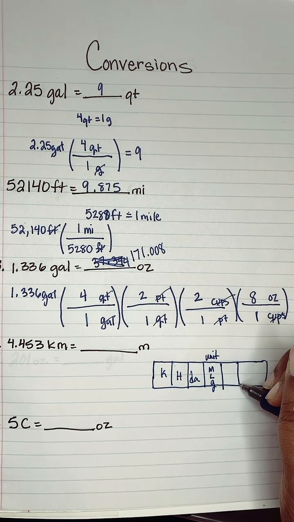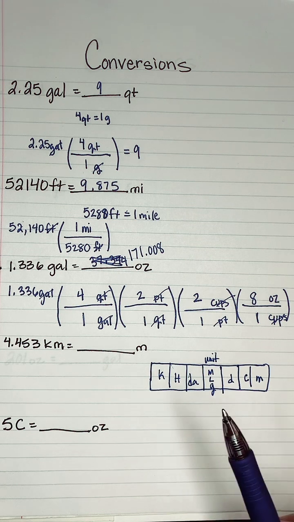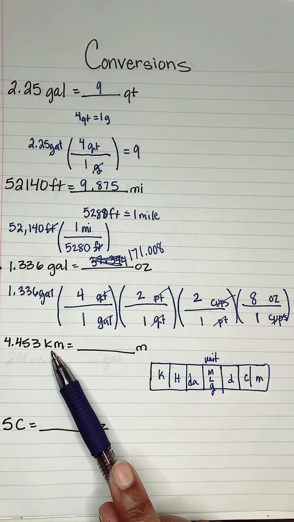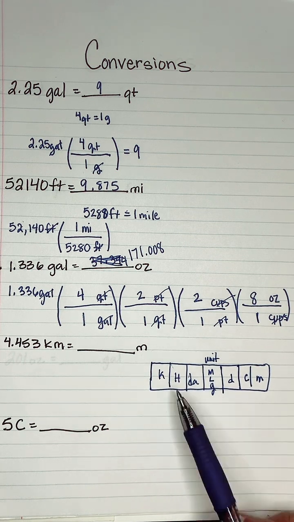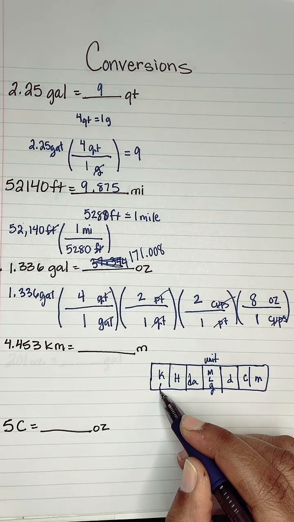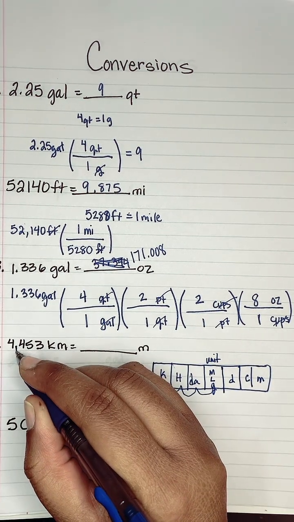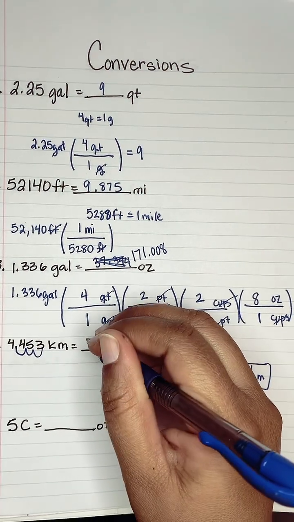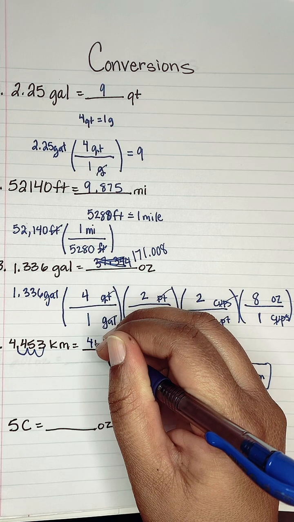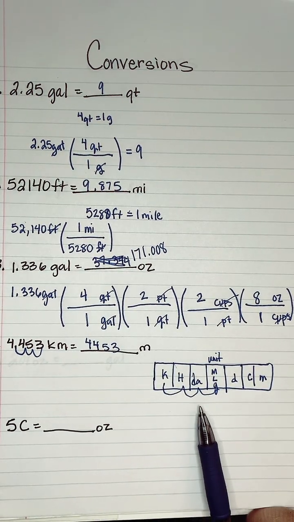Then you would go deci, centi, and milli. So if we're going with a kilometer, we start here. We want to get to a meter. So then we're moving our decimal over 1, 2, 3. And then we would get 4,453 meters. That's one way to do it.